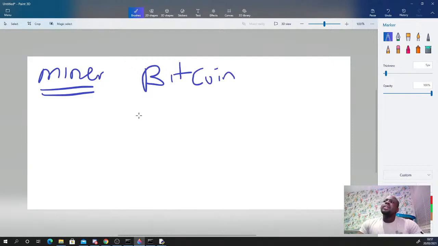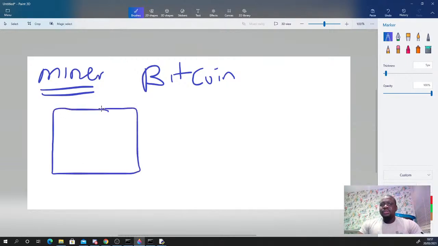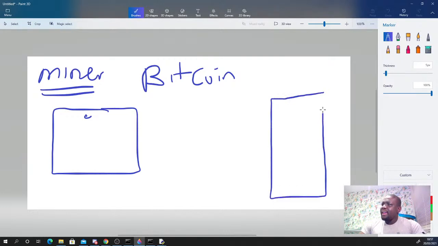Now Bitcoin, they call them miners, like mining, you're trying to mine gold. Let's assume we have a block and we have some pending transactions. Nobody has confirmed them yet, people sending money. So we have millions of pending transactions.